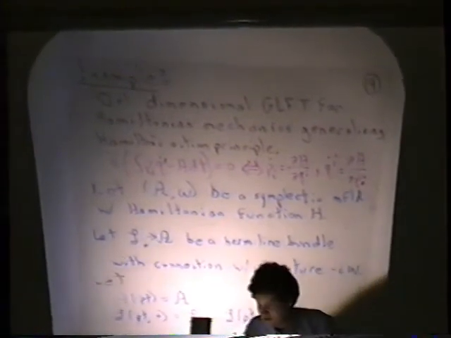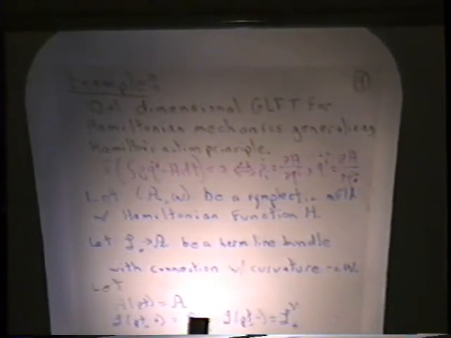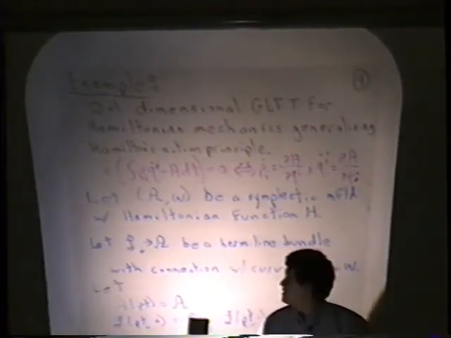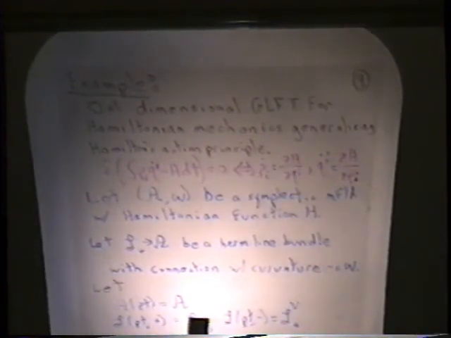Okay? So before I start to do that, I'm doing something more foundational, so I can try to be a little more self-contained, hopefully. So the example is, let's look at the 0 plus 1 dimensional generalized Lagrangian field theory.